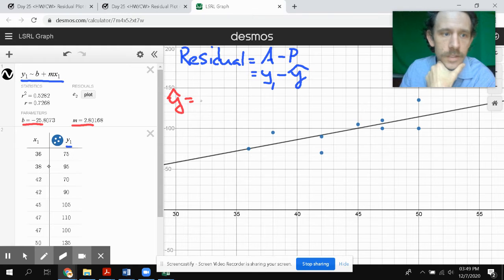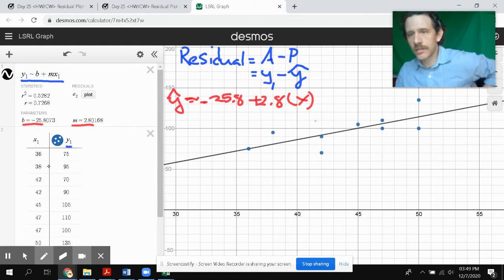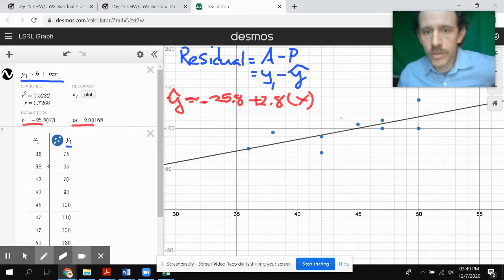So I'm going to say y hat equals, you could do the squiggly line to say y is approximately negative 25.8, which is the y-intercept, plus 2.8 times x. Okay, so you want to have that equation somewhere so that you know what your y hat is, the predicted.